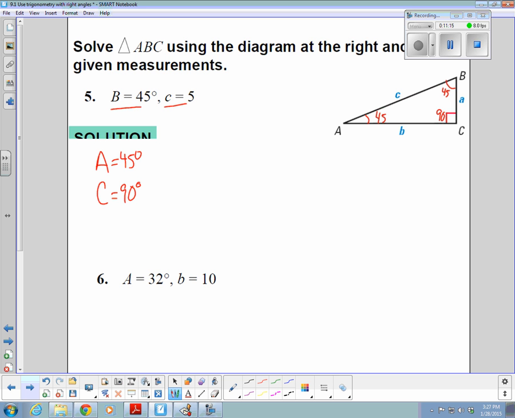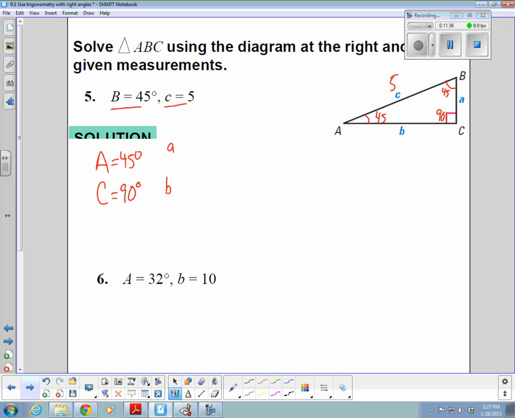So what I have to find is little a and little b. Those are the two things I've got to find. I can go about solving this any way I want. We're given that C is 5, so let's put a little 5 up there.